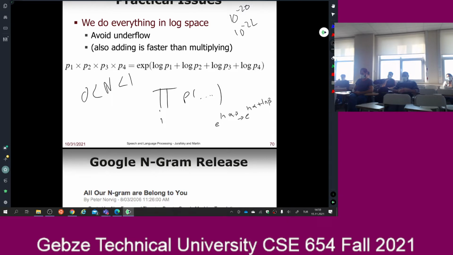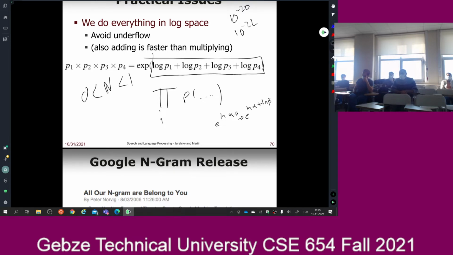Since most of the time we are comparing numbers with other numbers, we don't have to calculate this exponential. We just get this number and compare it with the other numbers that we get from the other probability calculations. The important thing here is the comparison, which one is larger or smaller.